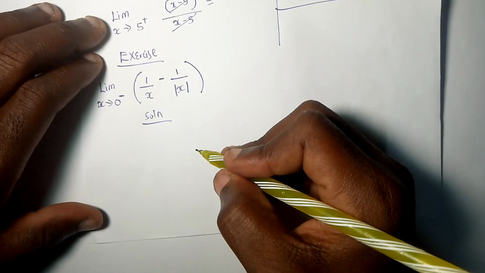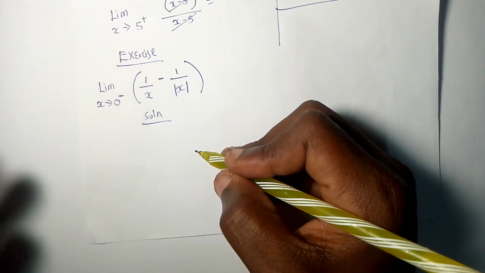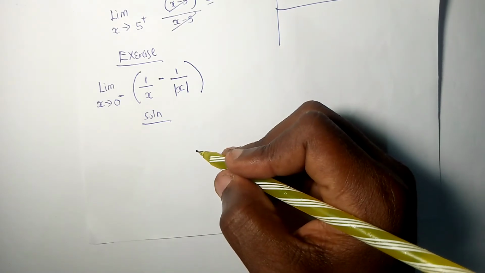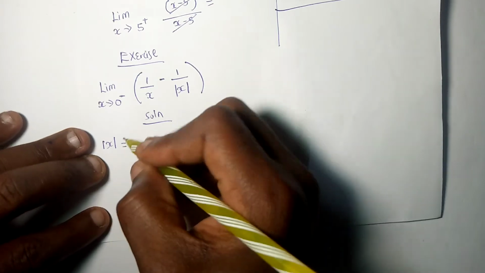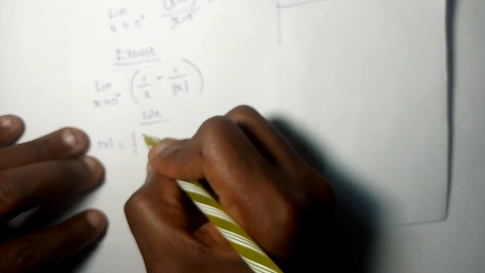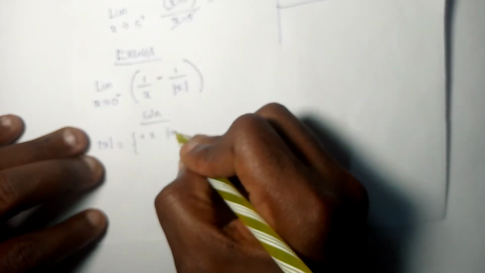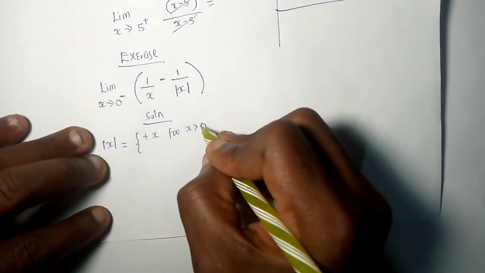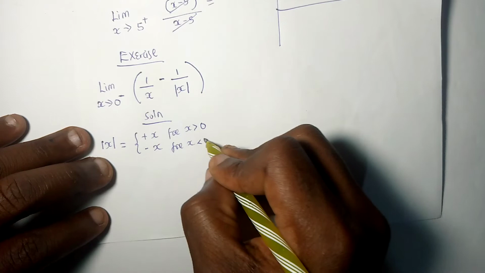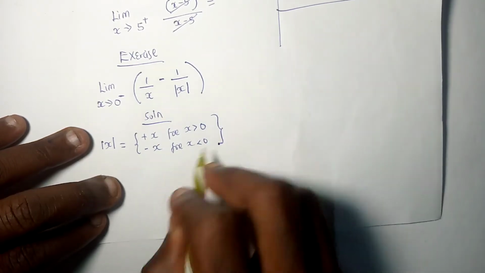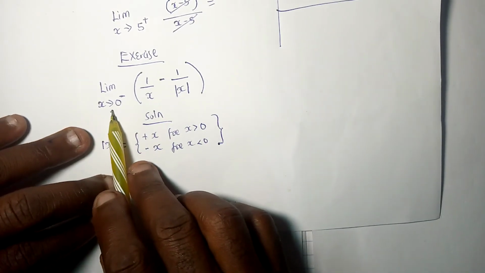So thank you for trying. We can proceed now to solving this equation. So of course, we know that absolute x takes two forms, the positive x for x greater than 0, isn't it? And the negative x for x less than 0, right? But then in this case, you have been specified the direction.